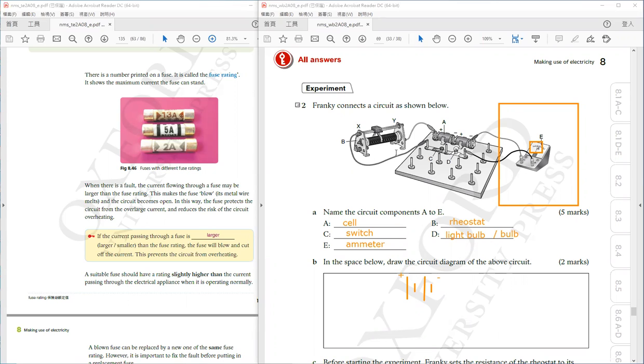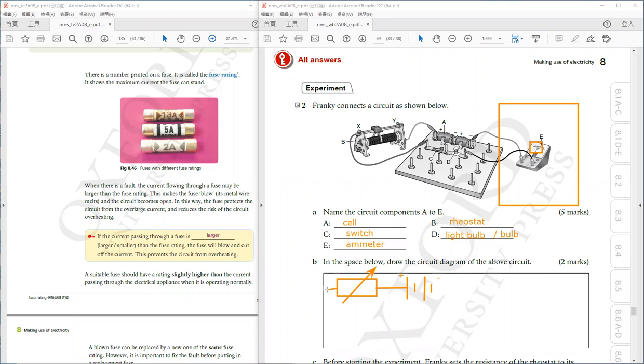From the positive side, we can draw a wire going out. You can see a rheostat. Rheostat is just a box, like a resistor with an arrow.